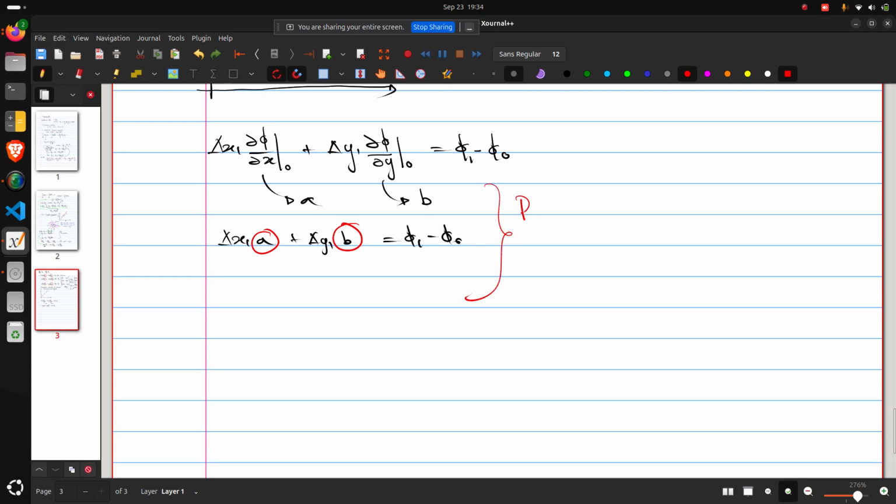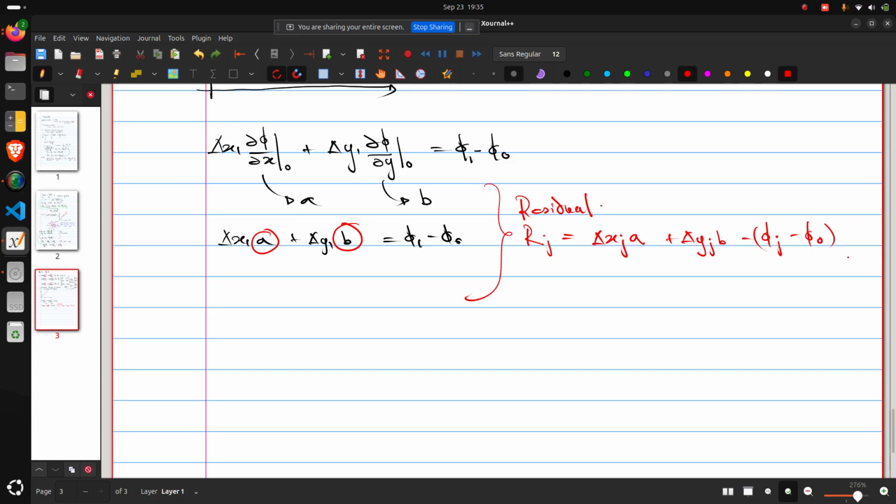So, what is the residual? The residual is defined as, so for equation number j, we can write R j as delta x j times A plus delta y j times B minus phi j minus phi naught.